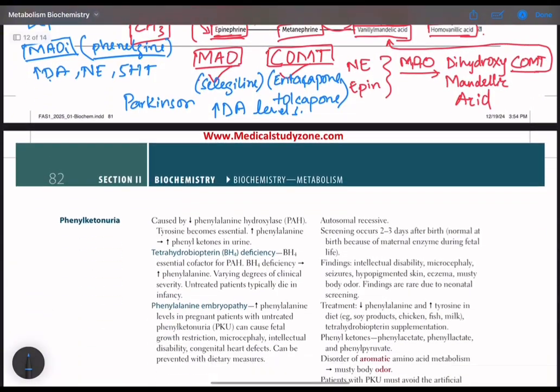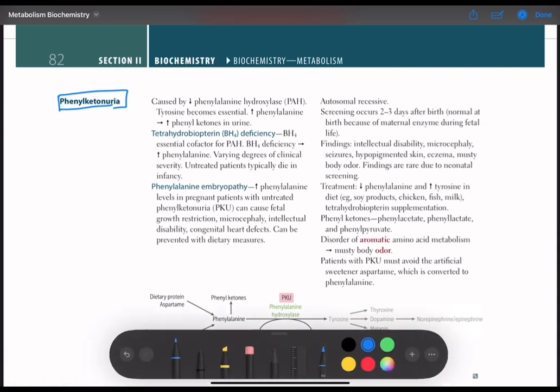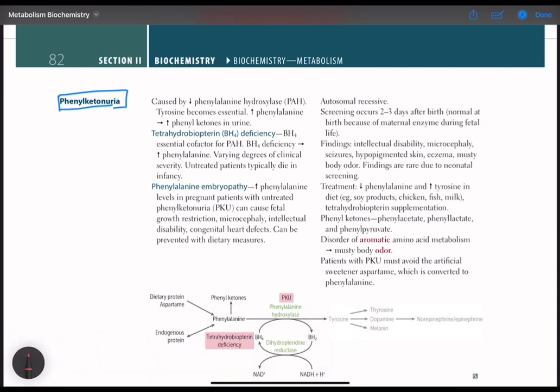Now let's switch towards phenylketonuria. What is phenylketonuria? In phenylketonuria, phenylalanine cannot be converted into tyrosine. The classical type is when we have a deficiency of phenylalanine hydroxylase; it is absent.